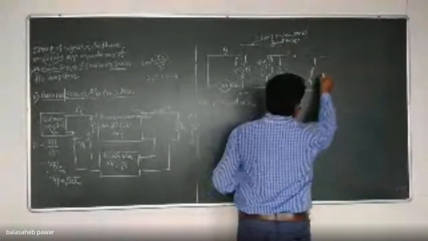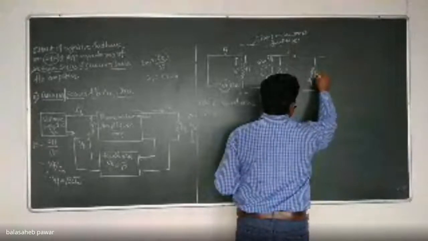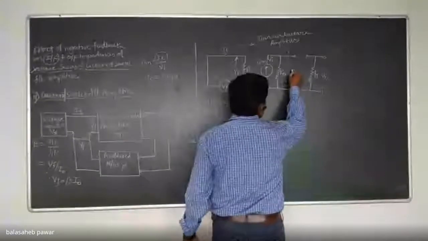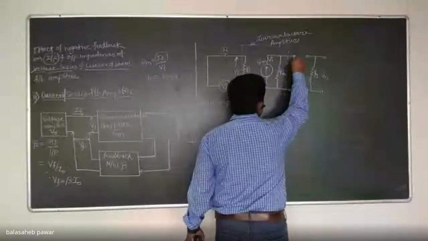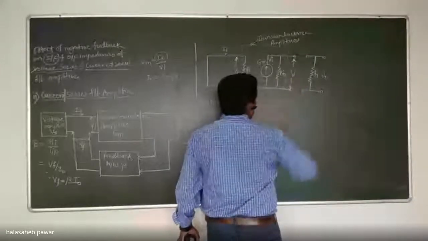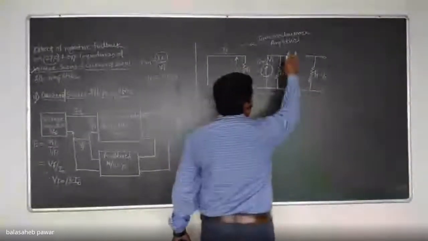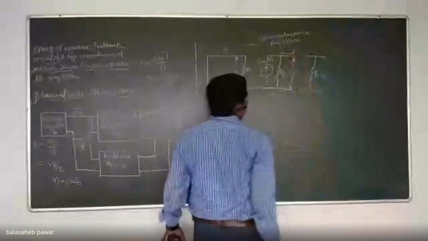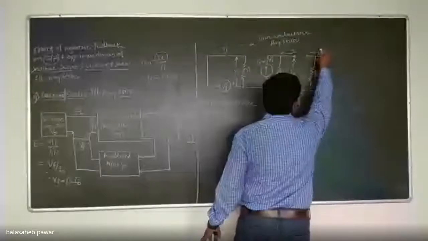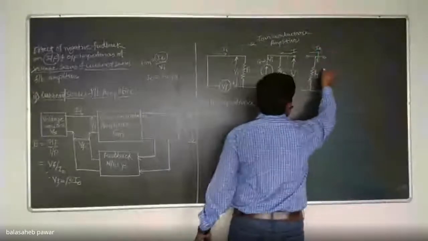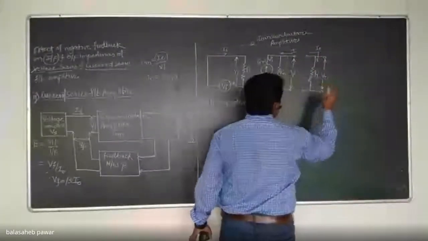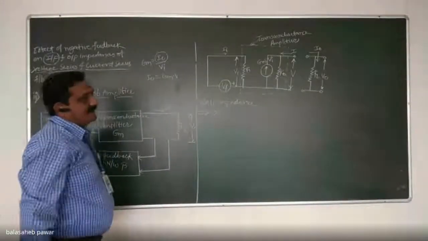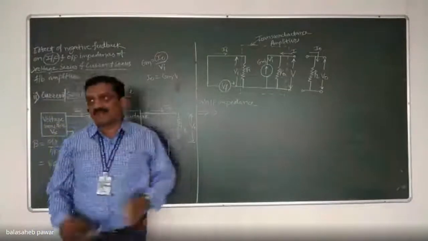Here we will have VO, that is across RL. Again, same as the previous, we consider the output voltage of that basic amplifier as V and the output current as I. This is nothing but IO. Is it clear? You have to adopt the same method as in the previous analysis while calculating the output impedance of the given amplifier. I will repeat.